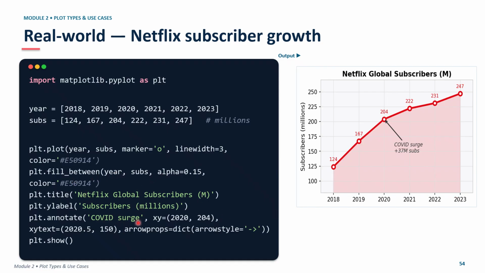And plt.annotate is mainly used to make annotations. Here I wanted an arrow with text reading COVID surge, plus 37 million subscribers. I can make it with the arrowstyle keyword by calling the dict function. So you can execute this real world example and see what your output looks like.